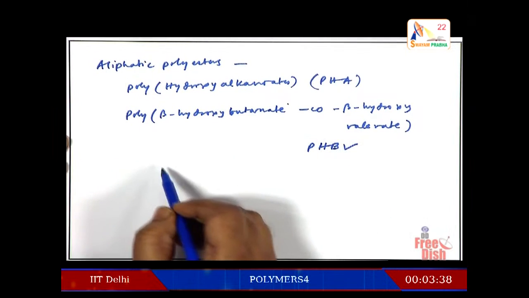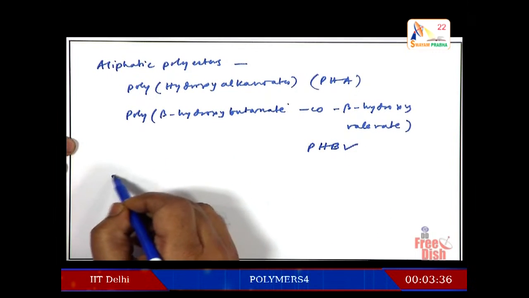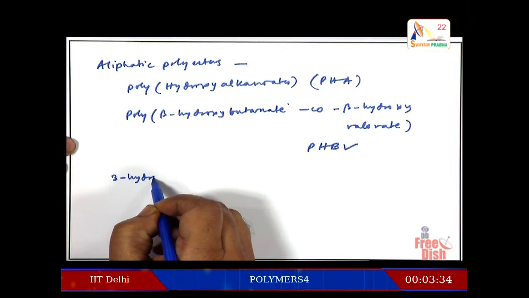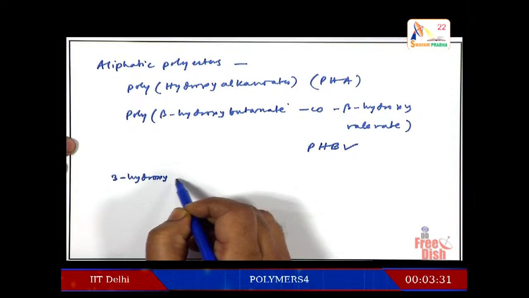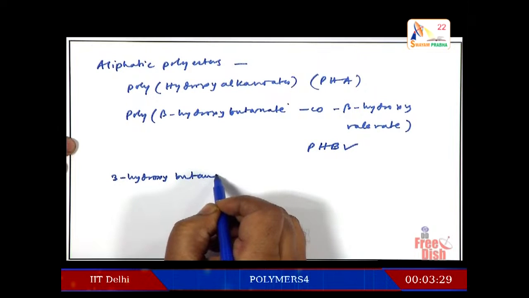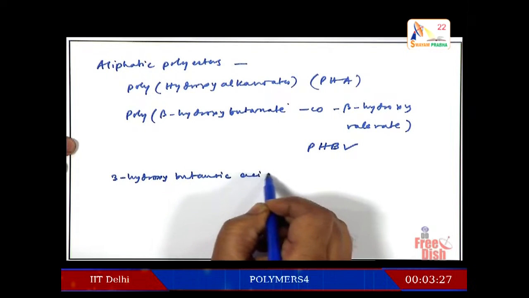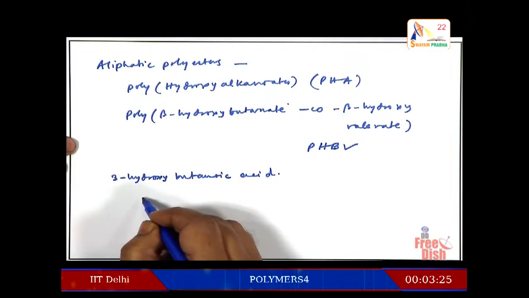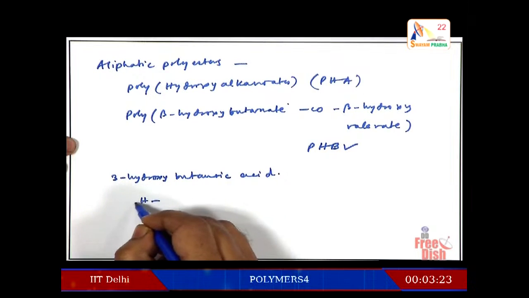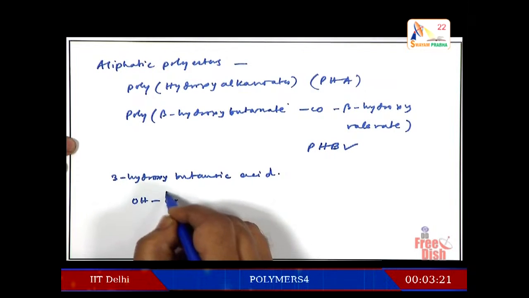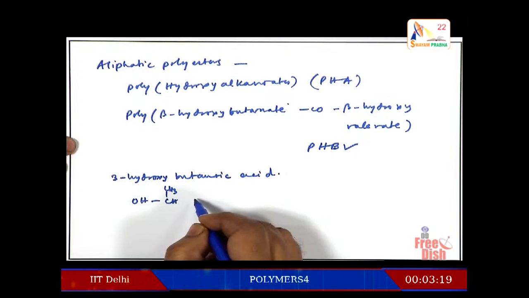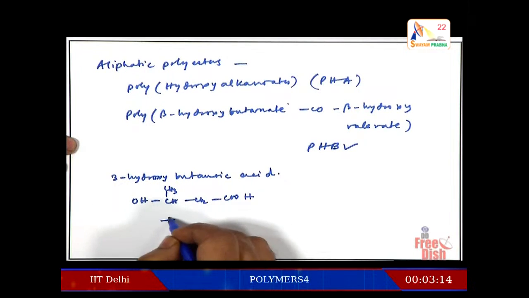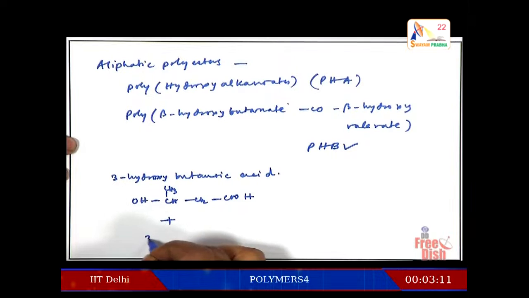The structure is formed from 3-hydroxybutanoic acid plus 3-hydroxyvaleric acid.